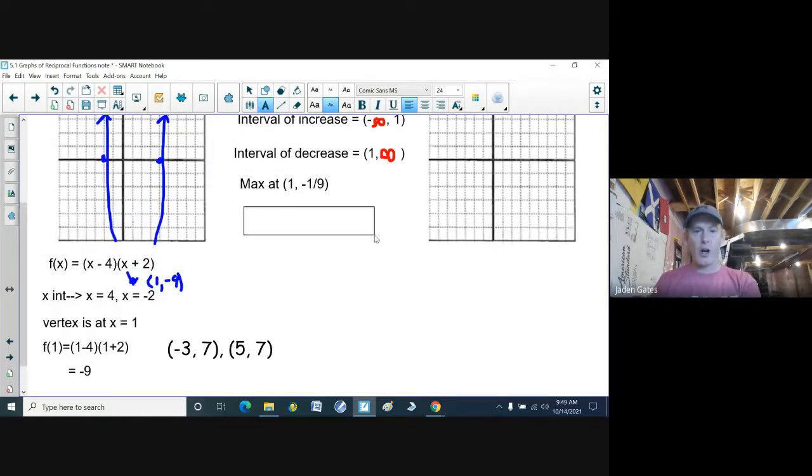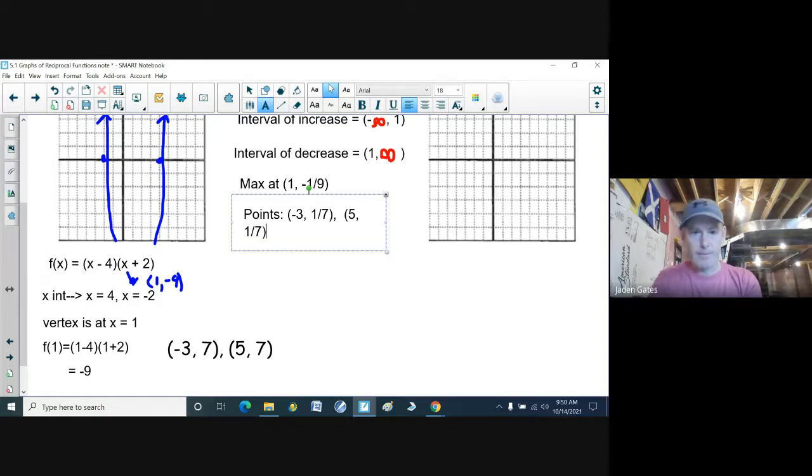Fonts drive me nuts. All right, points on our reciprocal would be -3, 1/7, and the other point we could use is 5, 1/7.